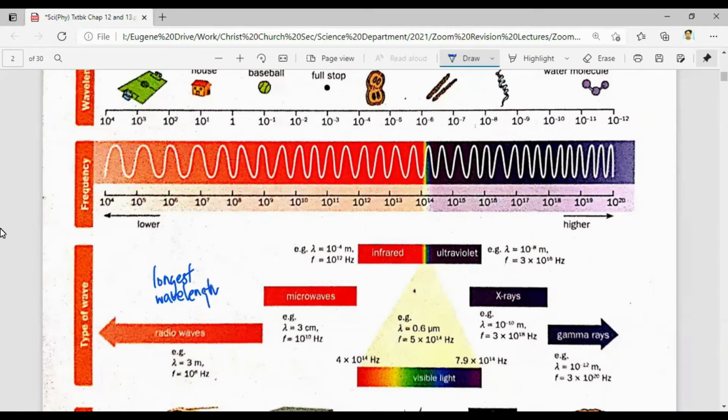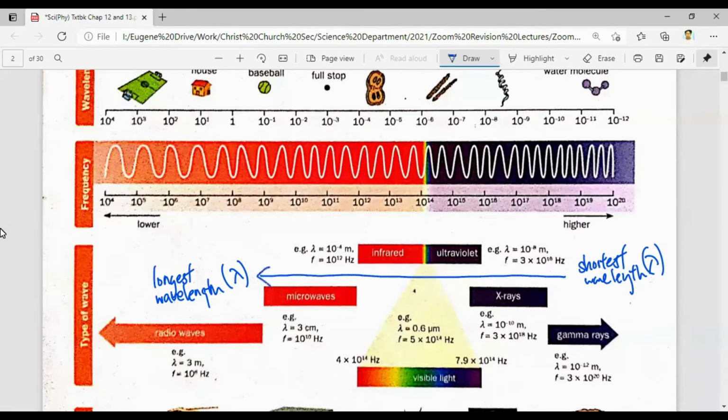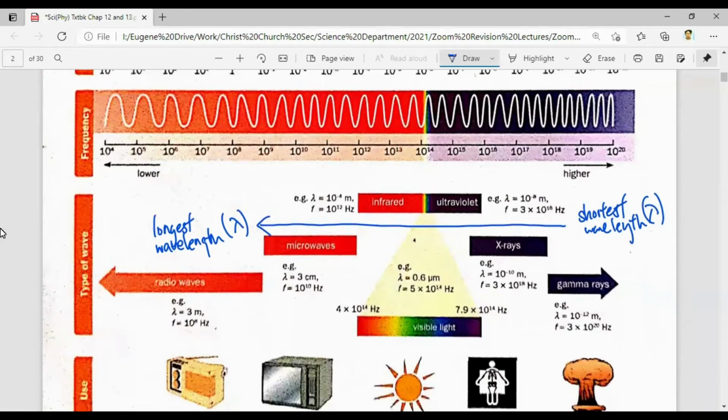In our previous chapter, we learned that wavelength is lambda, while gamma ray actually has the shortest wavelength. So from gamma ray to radio waves, wavelength increases.